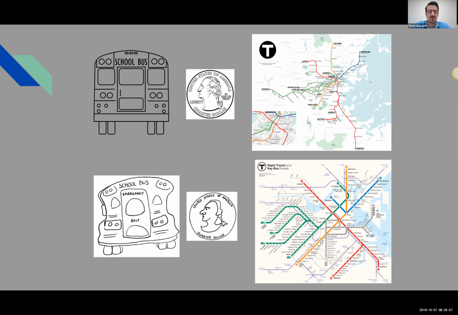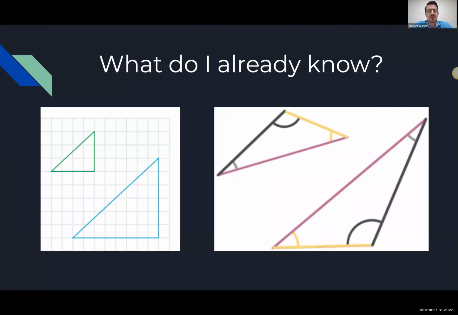But the bottom pictures seem a little disoriented and maybe not the best choice to represent something. So we might say the top picture is a scale drawing, an actual representation of what's being displayed in the real world. Hopefully you can see that detail and actual representation are a big part of the scale drawing idea. So again, what do I already know?